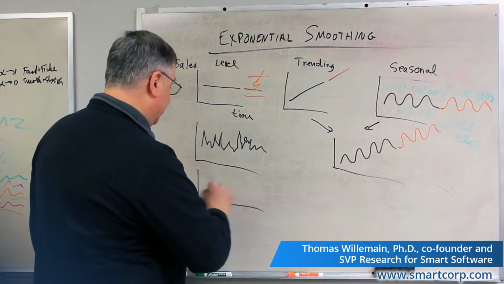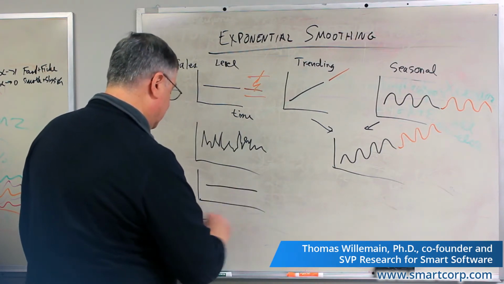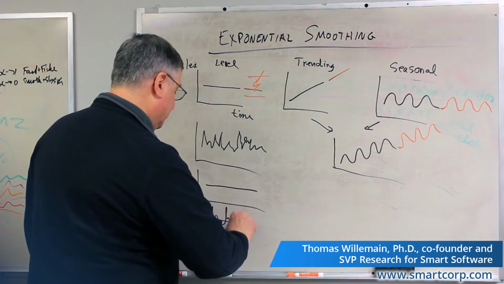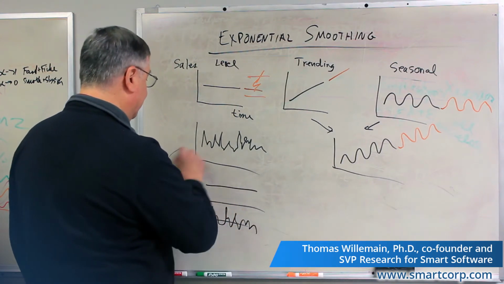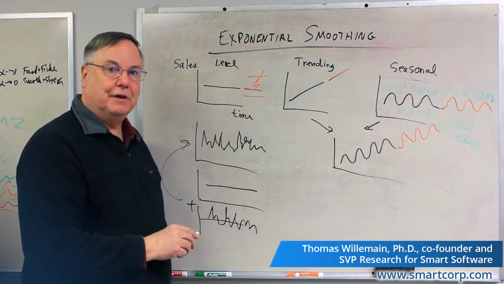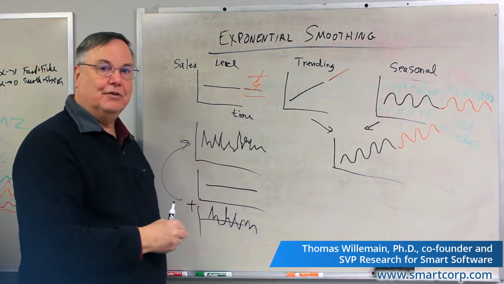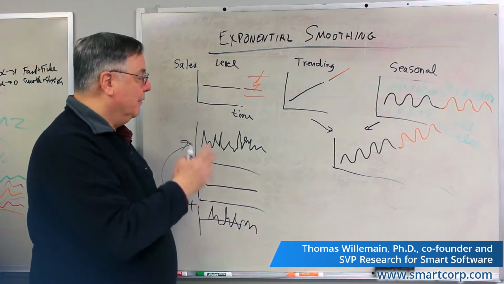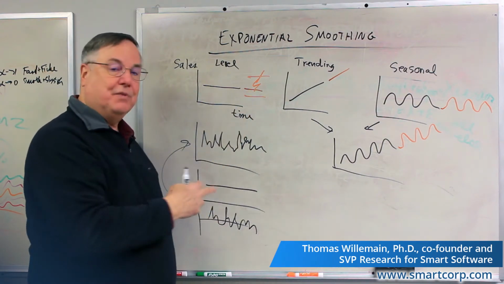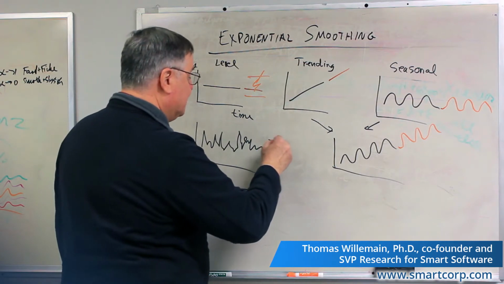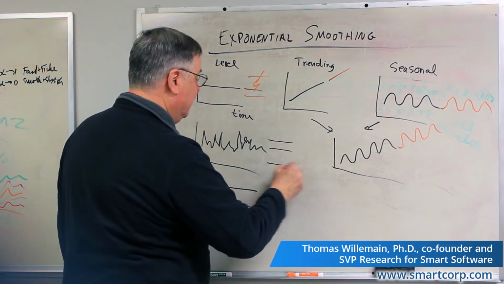So we really think of this as a combination of that plus something like this. You add those two together and you get a realistic level time series. So if this is the time series, obviously the forecast is going to be something like that. But is it here? Is it here? Is it here?